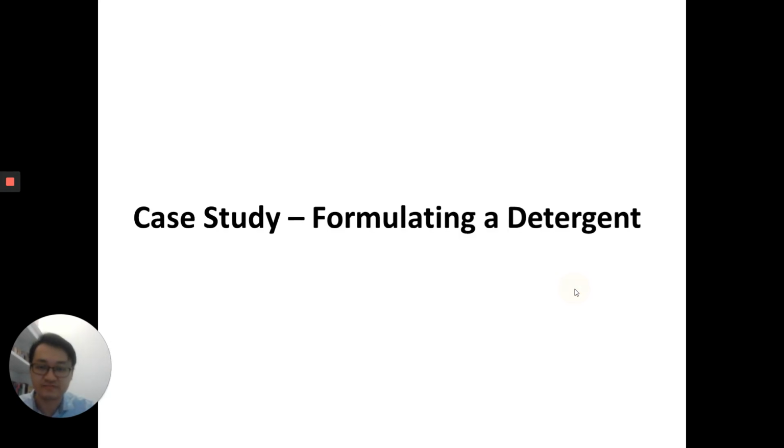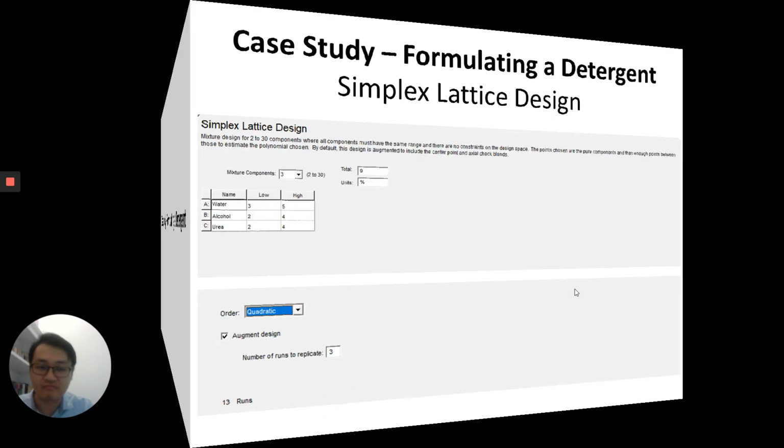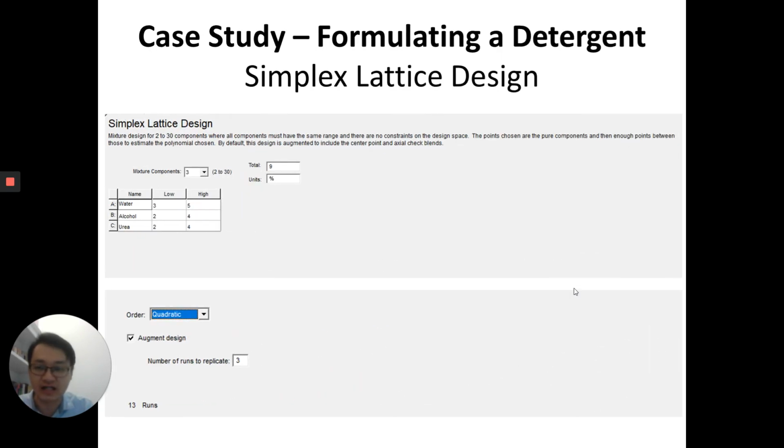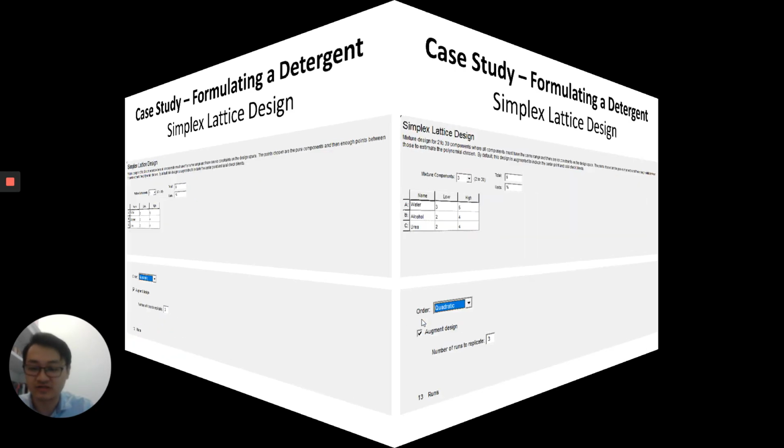Okay. So this is another case study, formulating a detergent. This will be a more complicated example where you have a total of 9 and your formulations cannot exceed 9. And the order is quadratic. It means m equal to 2. So your p is 3 and m is 2.